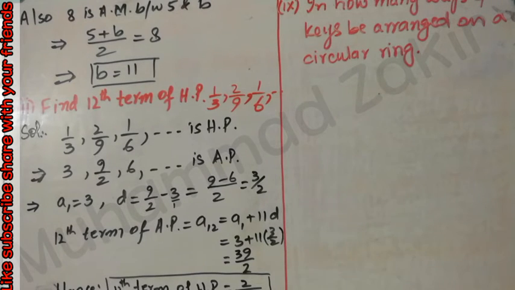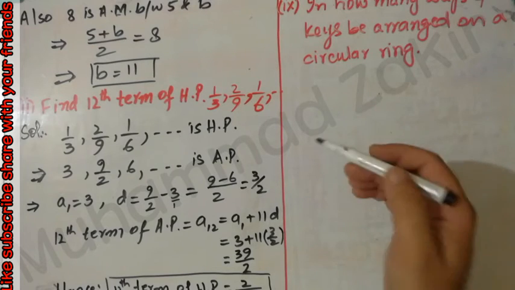So we must know that arranging keys on a circular key ring is a flippable circular permutation case, because you can pick up that key ring in your hand and you can invert it, you can flip it. Obviously you can flip a coin, similar way you can flip a key ring also. We have 2 cases.